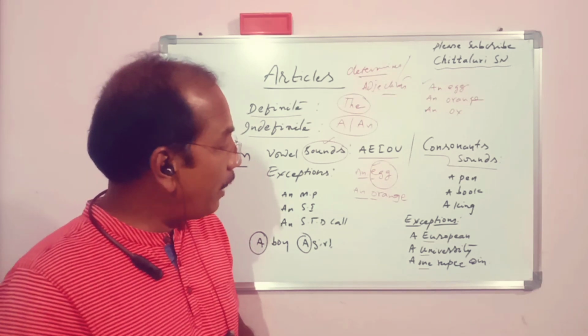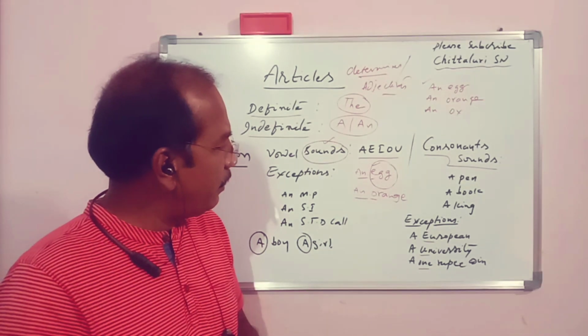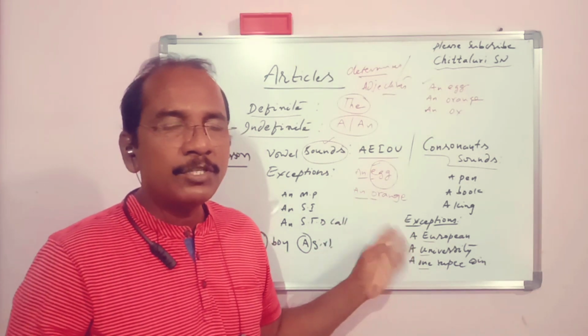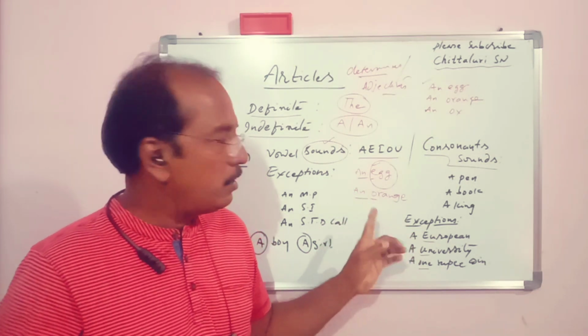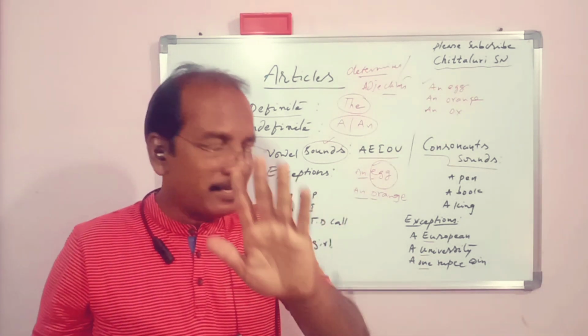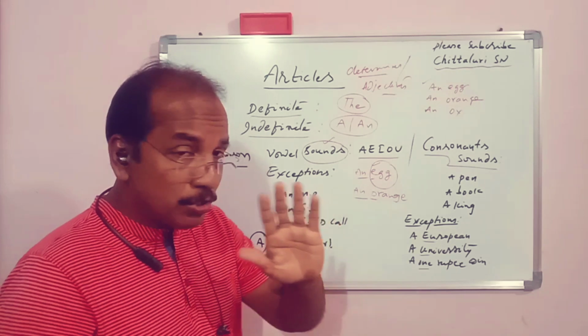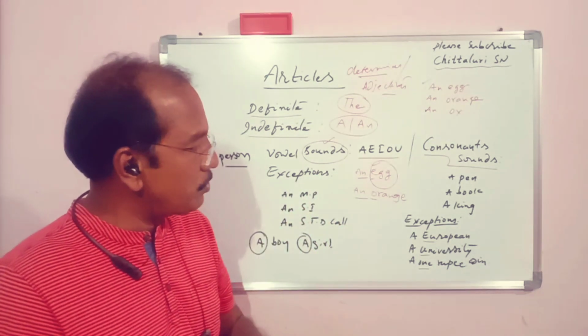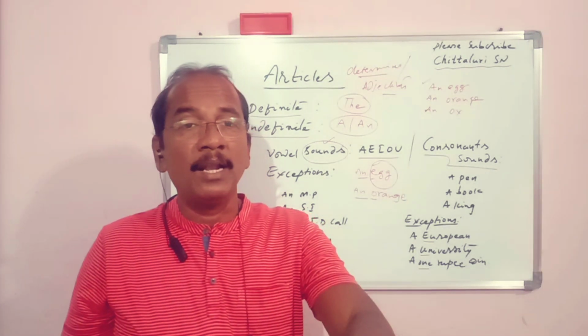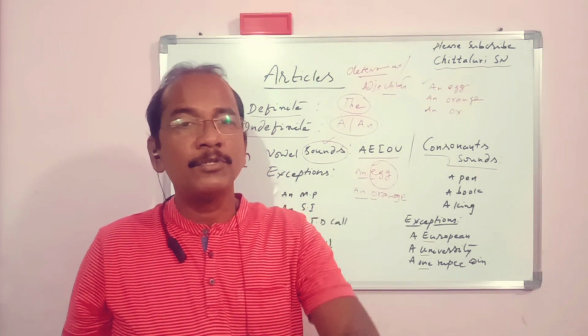So before the words which start with vowels, you are supposed to use the article an. Sometimes exceptions are there, because even though words start with vowels, you are not supposed to use an.